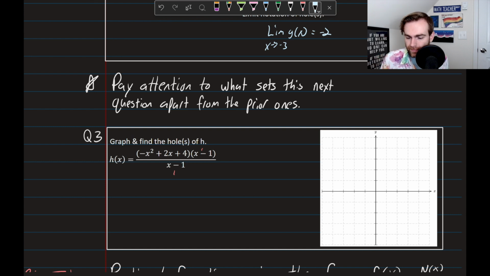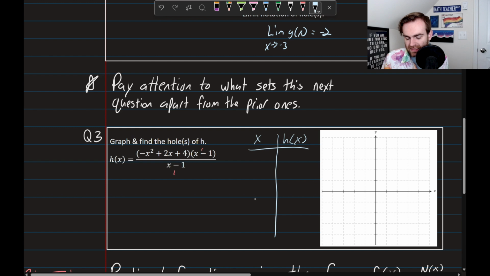Let's make a chart. If we're not sure, we can always make a chart of inputs and outputs. Because we got a hole at 1, let's make that the middle. So we get 1, let's do 0, negative 1, and negative 2, just to give us a clear picture.